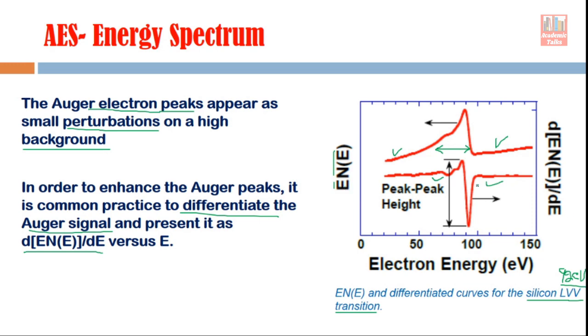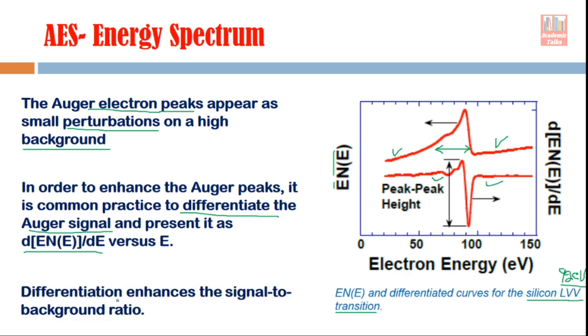Now you can see that in case of the differentiated signal, this peak occurs at 92 electron volt. This is a sharper peak. So it means if we have a differentiated signal, then it becomes easier to identify the peak corresponding to the Auger signal. This differentiation actually enhances the signal to background ratio.